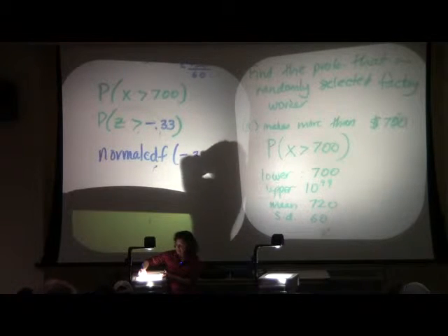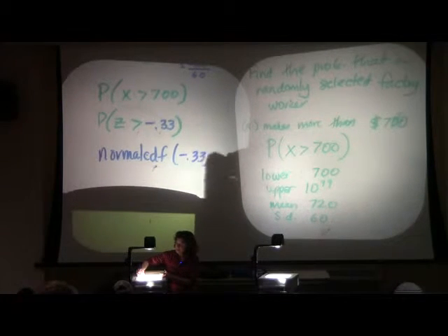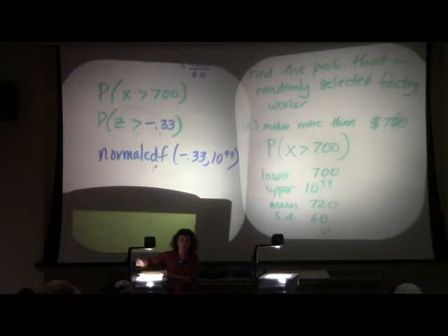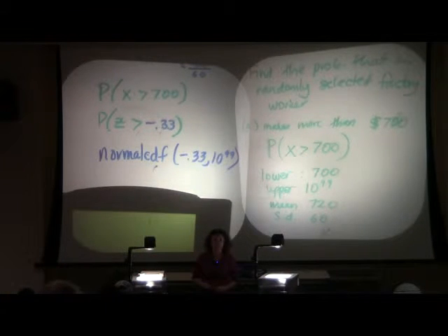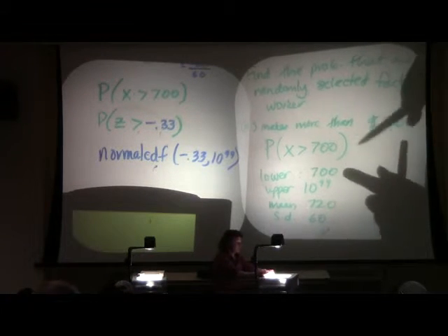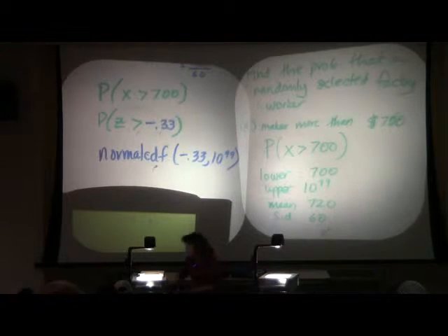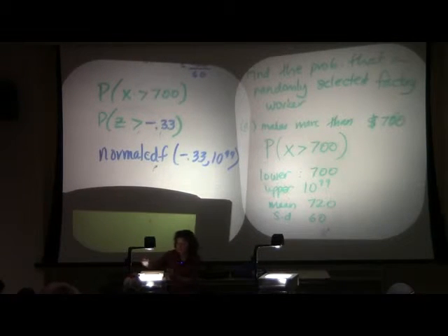You put in negative 0.33, comma, 10 to the 99th power. Okay? Notice it's different than if you had a fancier one. If you put that in, you're going to get about 0.63.